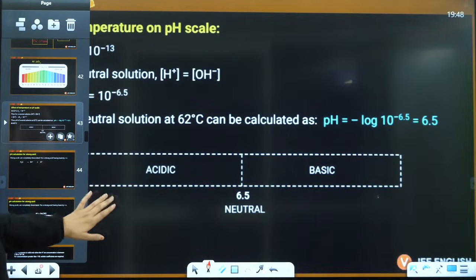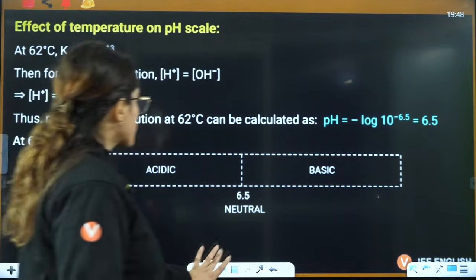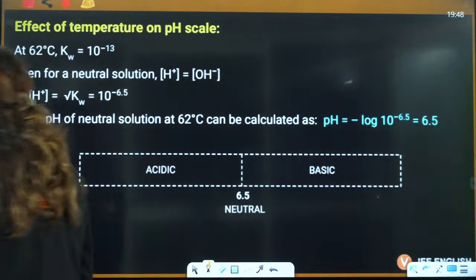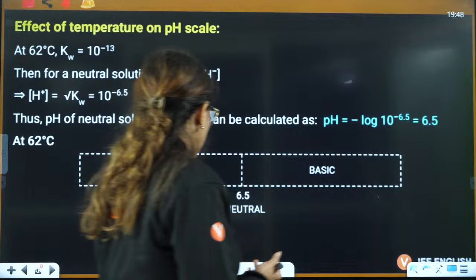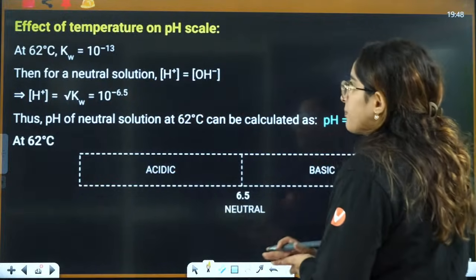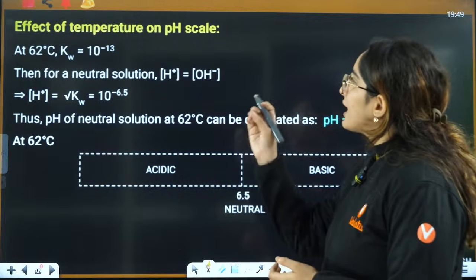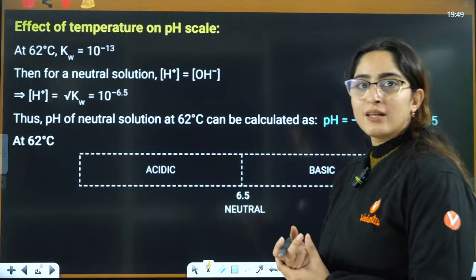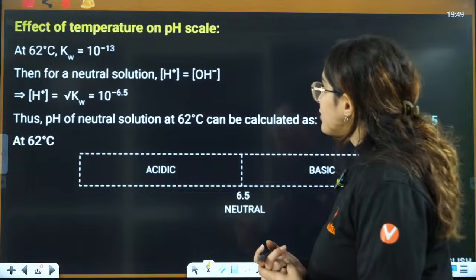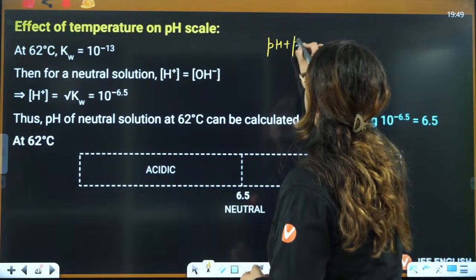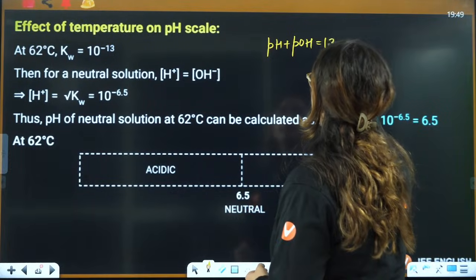Right? So you can see this over here, the effect of temperature on the pH scale. What is the effect of temperature on the pH scale? At 62 degrees Celsius, Kw is 10 raised to power minus 13. So that means the value of pH plus pOH is going to be 13.